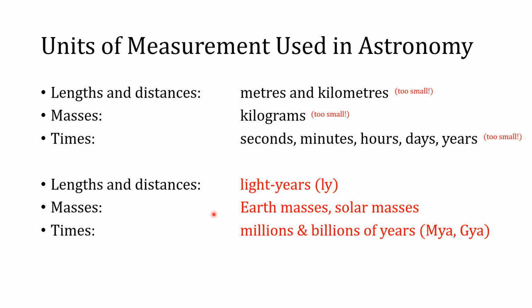So if you have something that's 3 times as heavy as the Earth, you could get an equivalent mass to that object by taking the Earth and cloning it a couple times so that you have 3 Earths. So we would say that such an object has a mass equivalent to 3 Earth masses. So an Earth mass is just the mass of the Earth. And we use that as a standard of measurement.